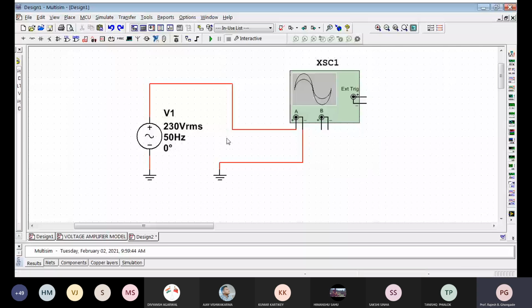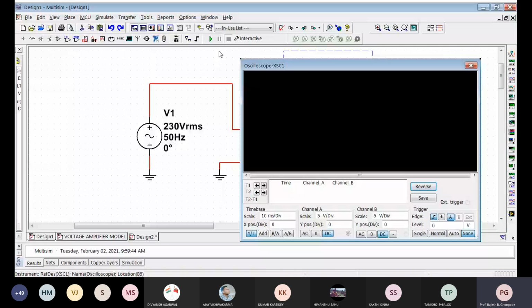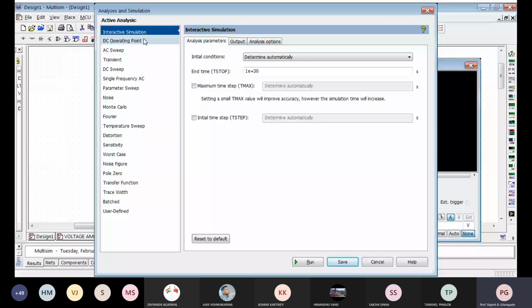Now I can double click on this and see. Again, there are various different analysis types. One is the interactive simulation, DC operating point, AC sweep, transient. Many of these we have not yet addressed, but some of them at least you have used, like interactive simulation.